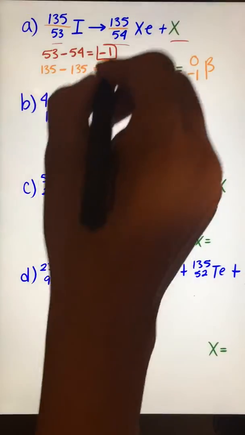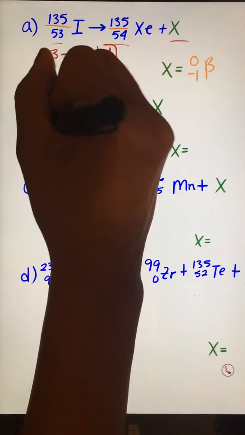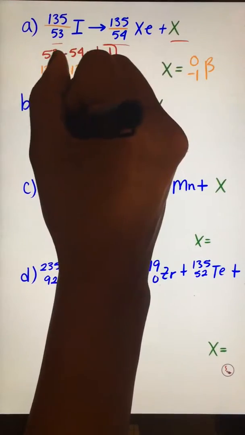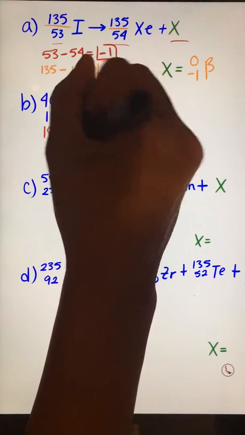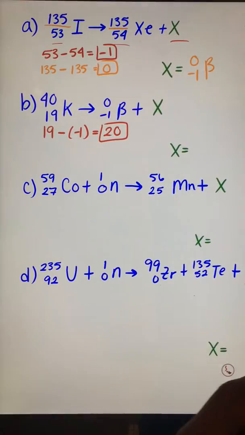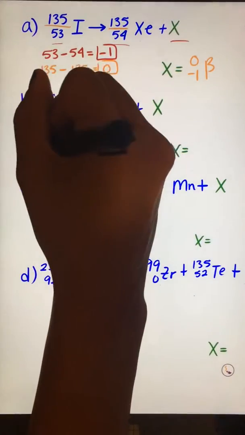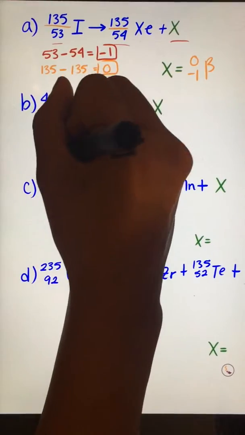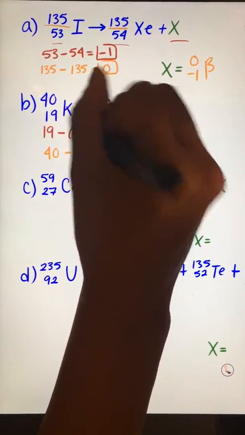Therefore, we're going to start off with the protons again, and it'll be 19 minus -1 protons, which will then give you 20. And now we're going to focus on the nuclear mass, which is 40 minus 0, which equals 40.